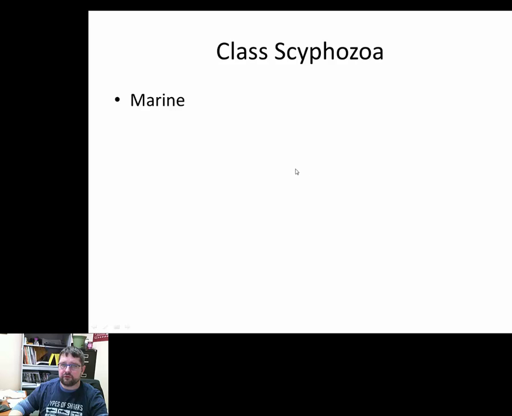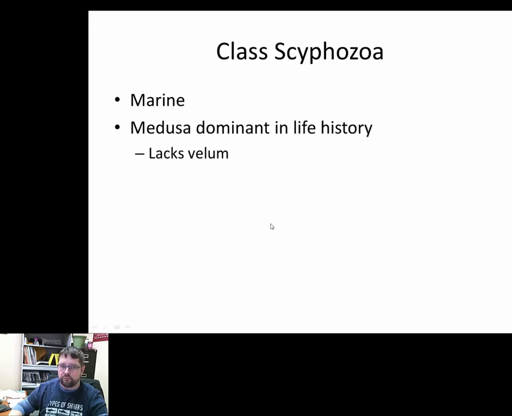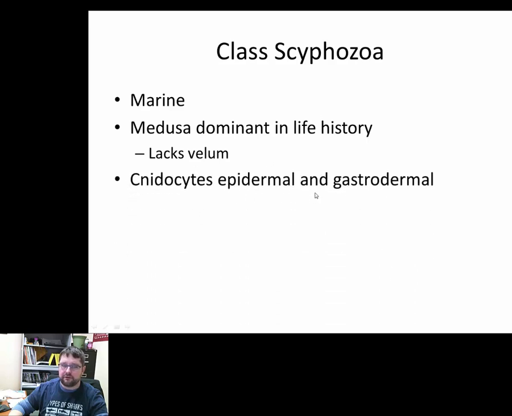Scyphozoa, this is the group that we looked at in lab with the moon jellies. They are marine. They lack that velum. They have cnidocytes on both the epidermis and gastrodermis, so both for protection and feeding.